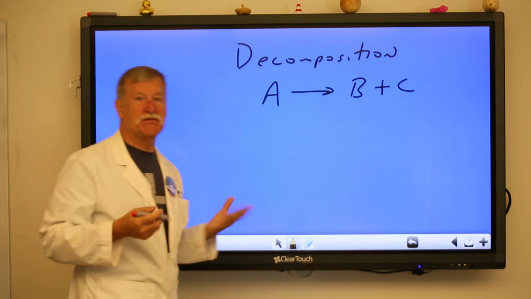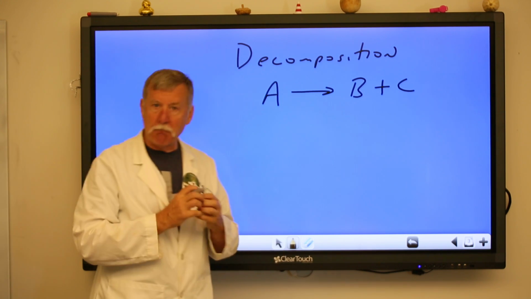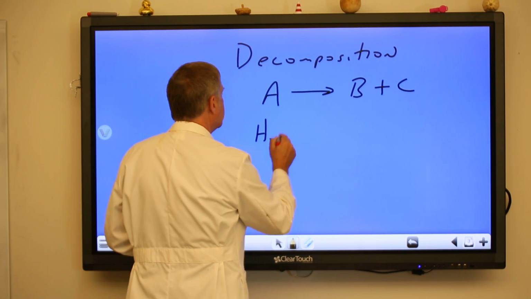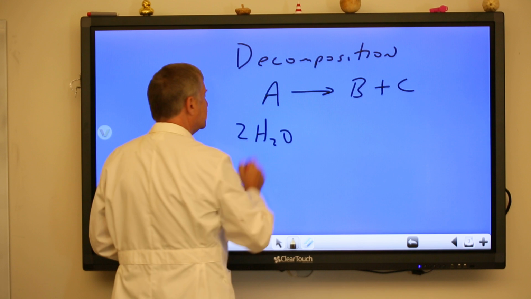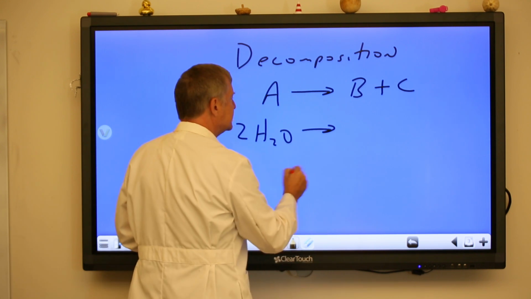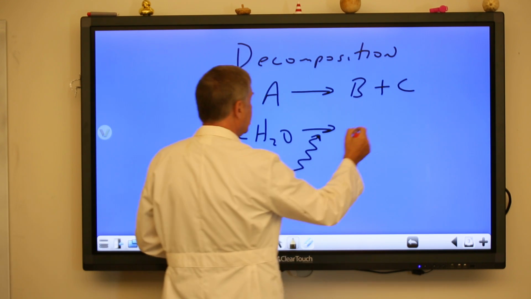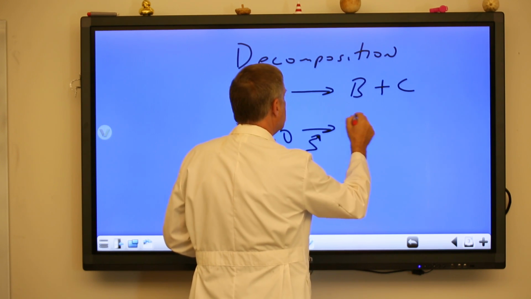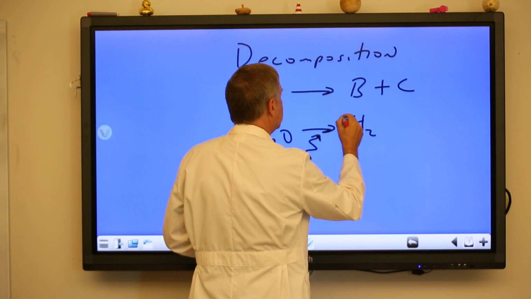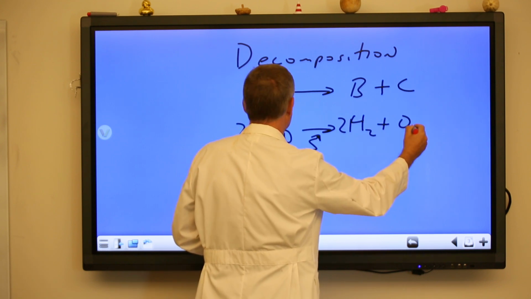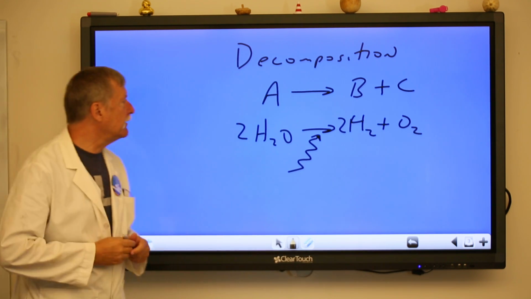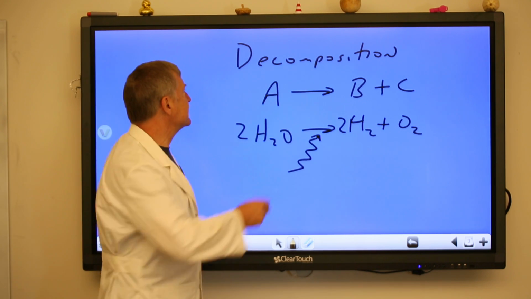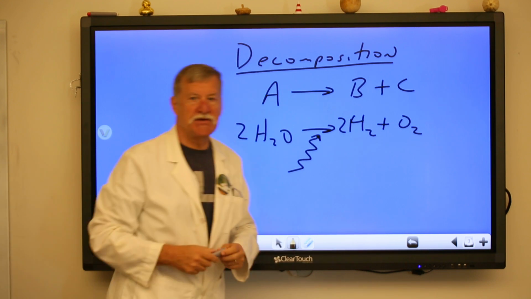If we were in school, we would do a lab where we would break apart water using electricity. We would take H2O and, well, 2H2O and zap it with some electricity and get 2H2 plus O2. Starting with 1 thing, breaking apart into 2 things. That's how you recognize a decomposition reaction.